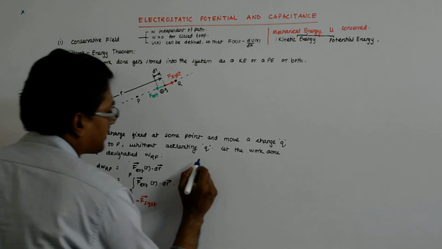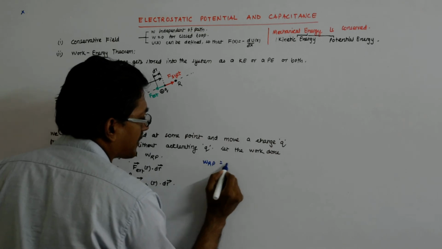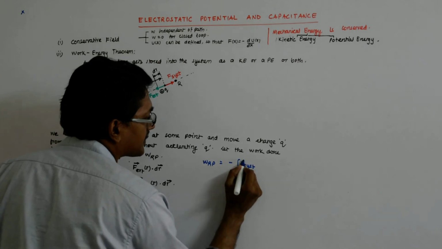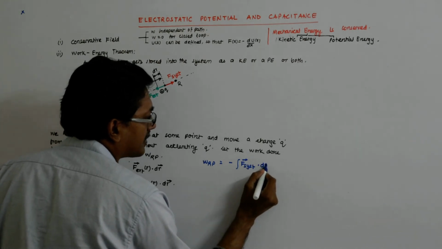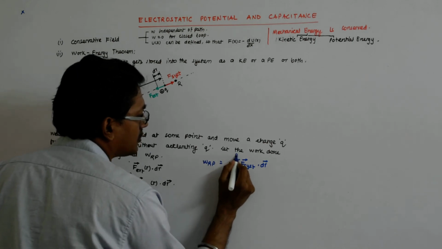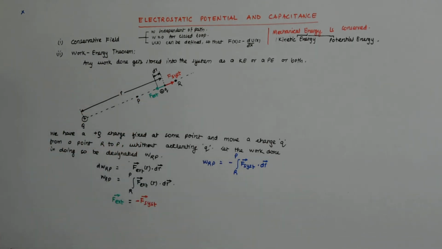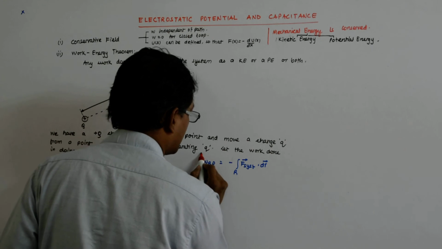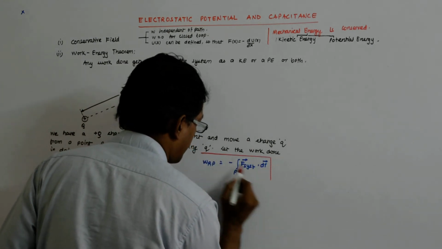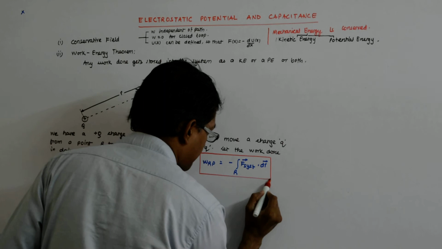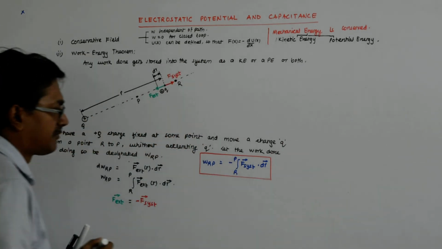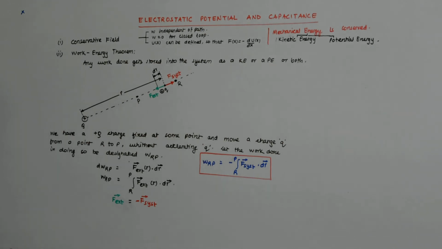So WRP can also be written as the integral from R to P of minus F system dot dr. So this is the work done in moving from R to P.